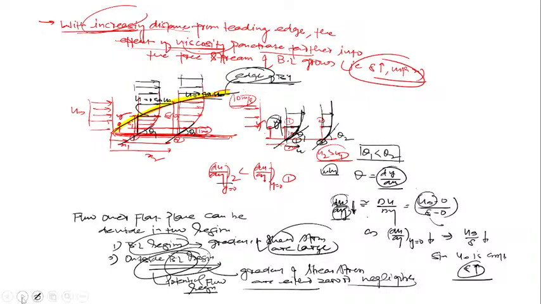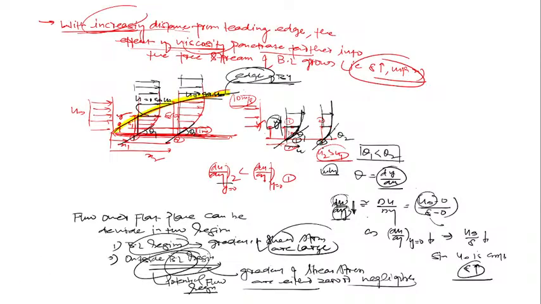My dear students, listen. As I told you, the stress is proportional to the gradient, and at each and every point in y, if you draw the profile, the gradient is going to change.